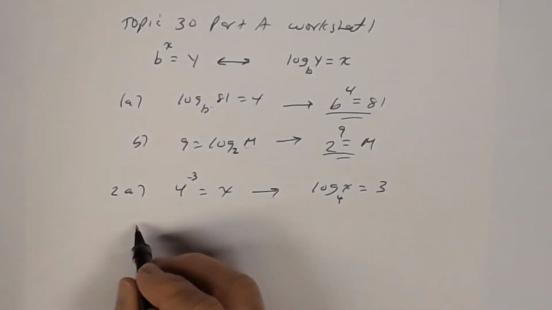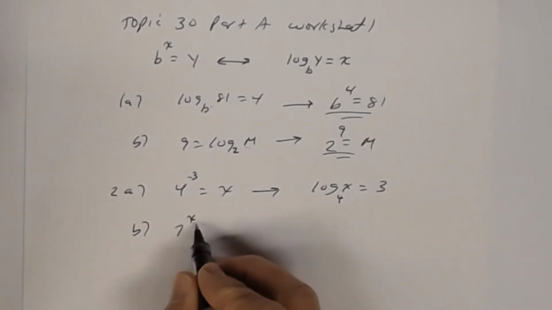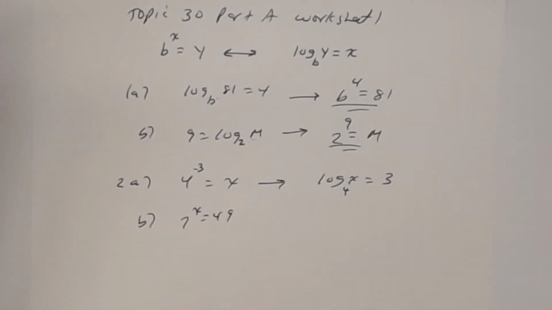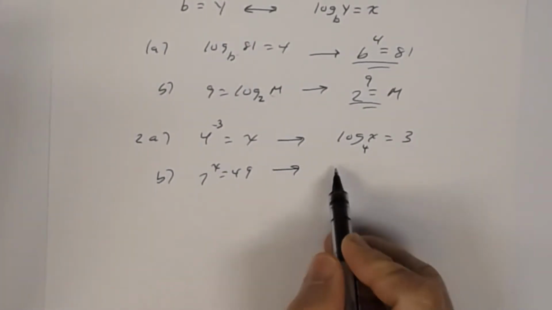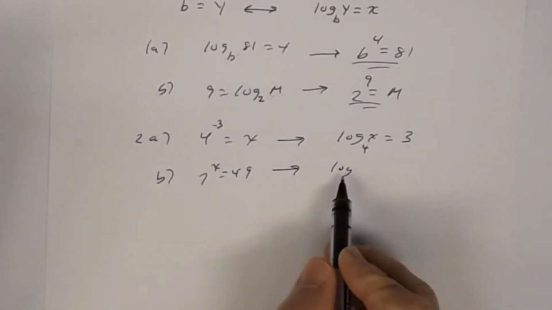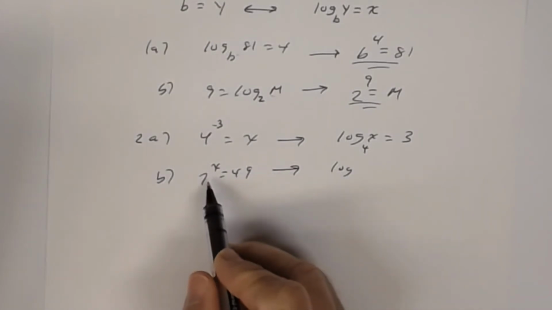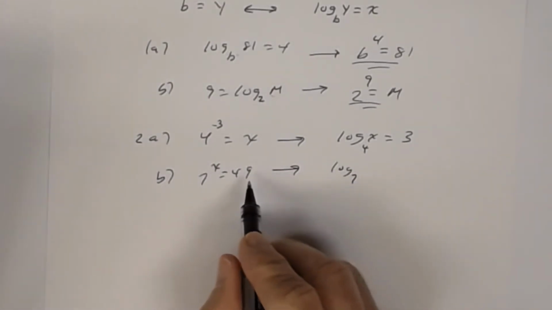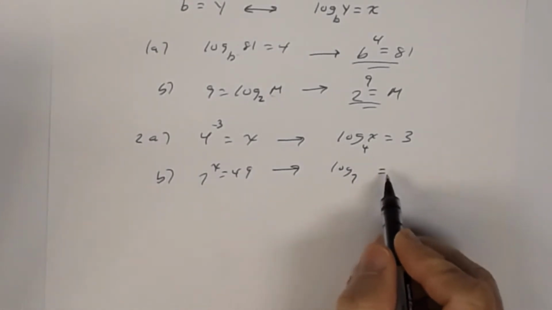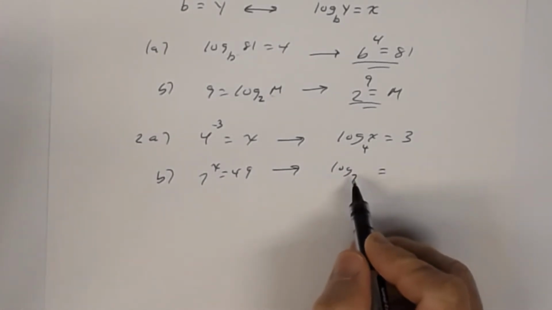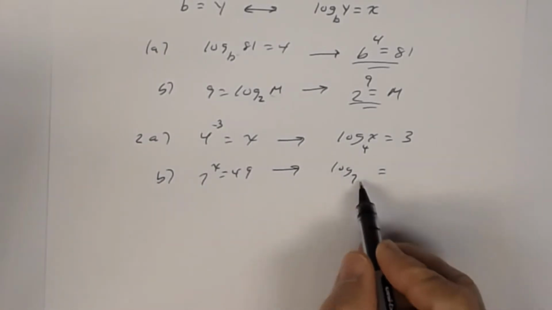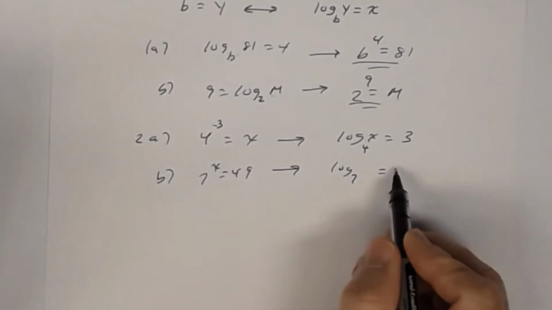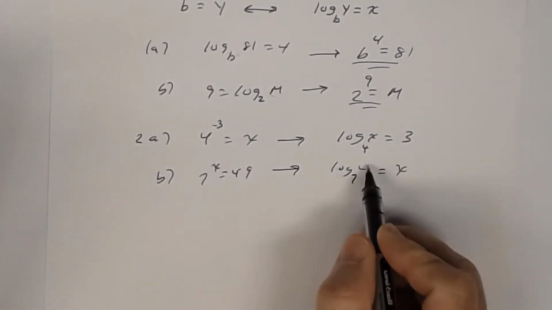In letter B, you have 7 to the x equals 49. Again, you want to change that to a log, so always write log first. The base of this log is the base of the exponential, so make it look like a subscript. Remember, 7 to a power, so that x goes on the other side, which means this 49 has to be your argument.